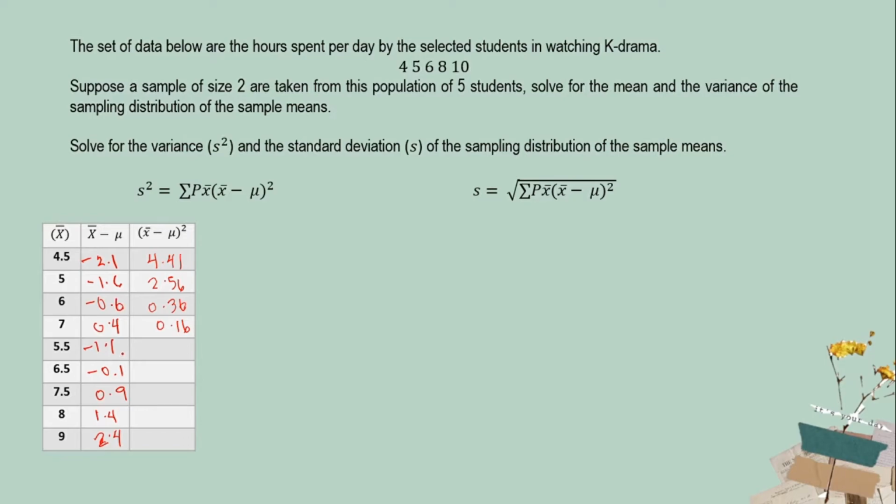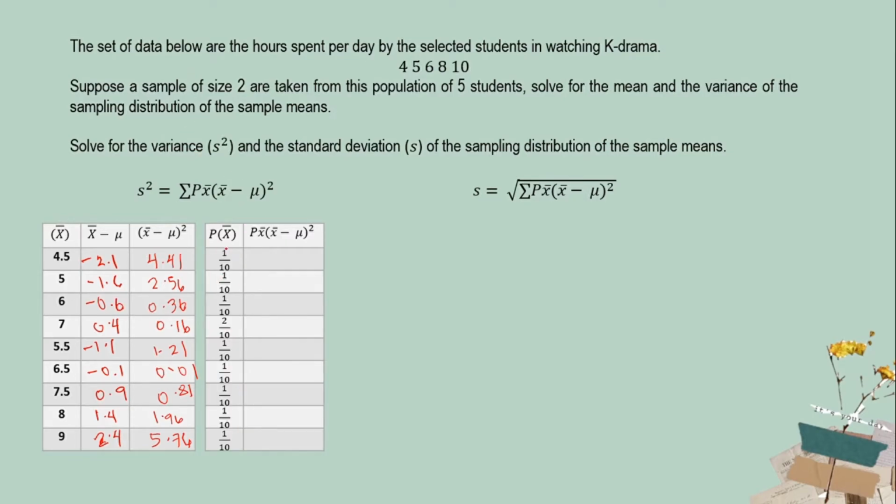Negative 1.1 squared is 1.21. Negative 0.1 squared is 0.01. And then 0.9 squared is 0.81. 1.4 squared is 1.96. And lastly, 2.4 squared is 5.76.